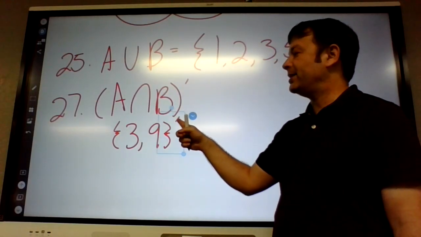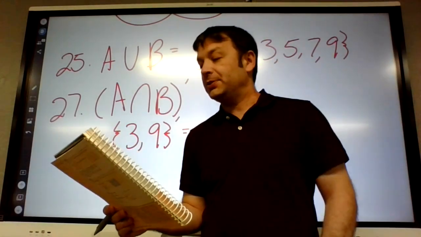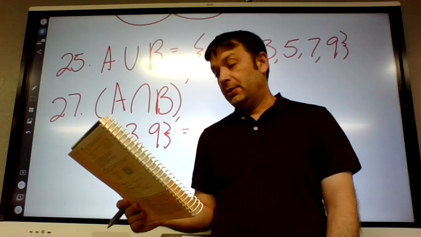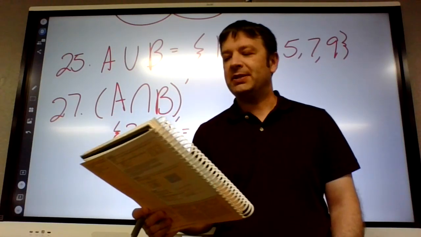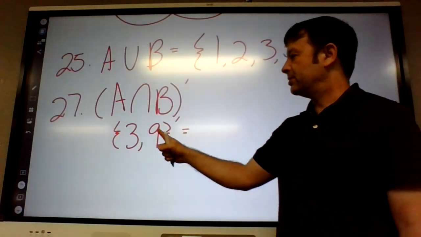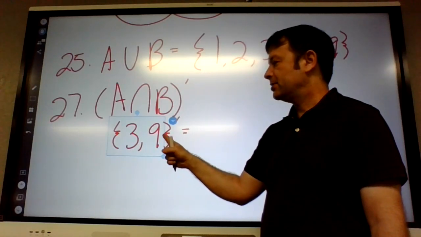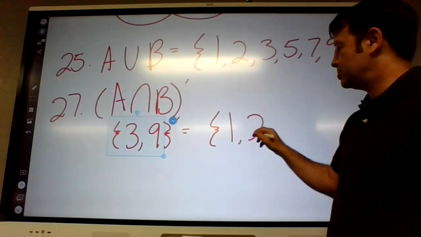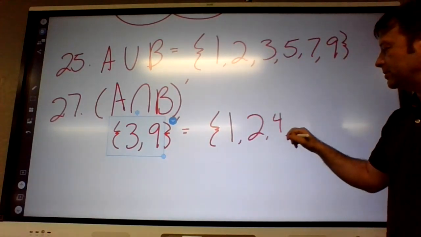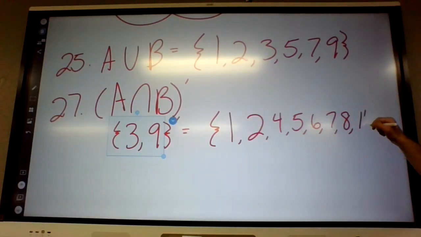It means what's not in this set. Okay, the universal set, we got to read the directions. The universal set is natural numbers. So basically our answer is all the natural numbers except for 3 and 9. So we're not using 3 and 9. So our answer would be 1, 2, skipping 3, 4, skipping 9, dot, dot, dot.